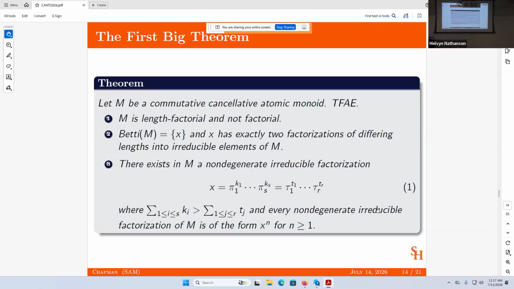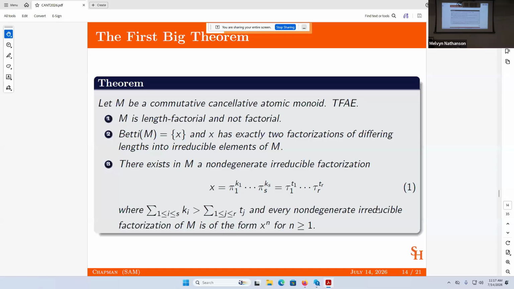Generally, we call this thing the master factorization in the monoid. So if you have a master factorization, the thing's length factorial. If you don't, it's not. That's a really strong property. It's hard to have a master factorization.